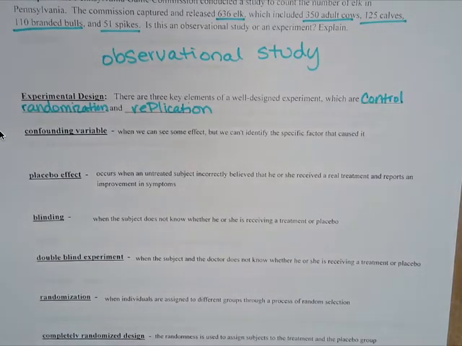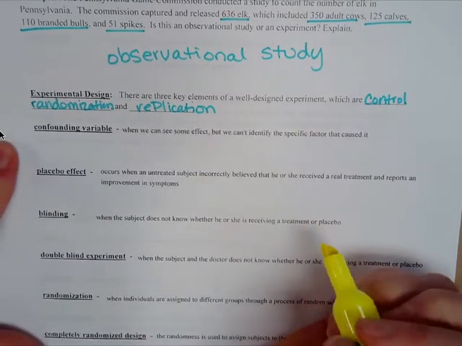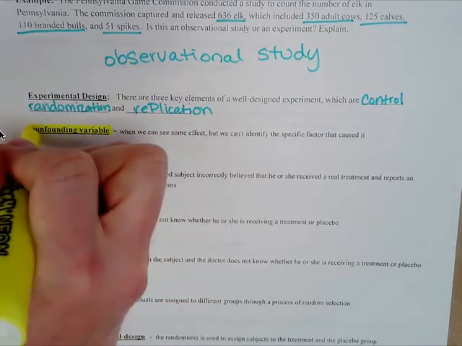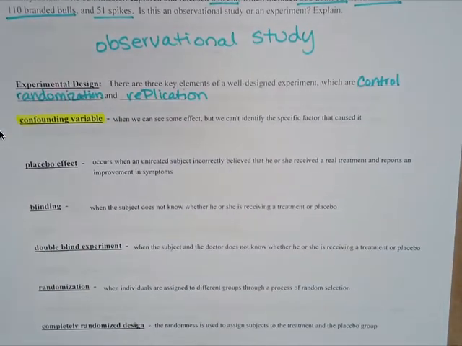Confounding variable. When we can see some effect but can't identify the specific factor that caused it. So there's an example that I think I talked about in Algebra 1, which talks about more drownings and number of ice cream cones sold.